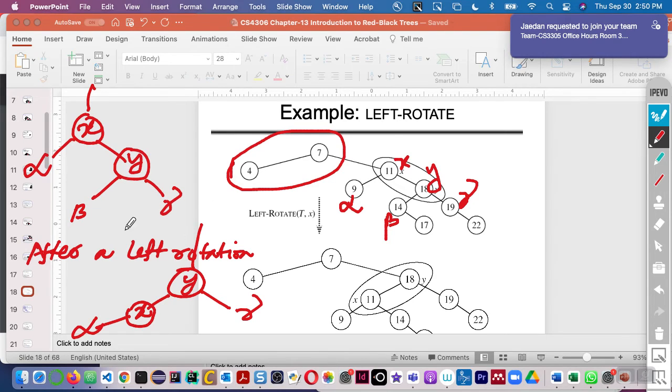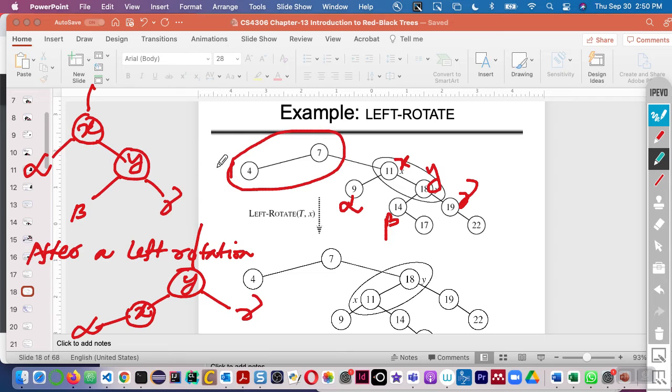Where will beta go? Beta merged with x, which means we got beta over here. So recall that this is our left rotation effect, right?